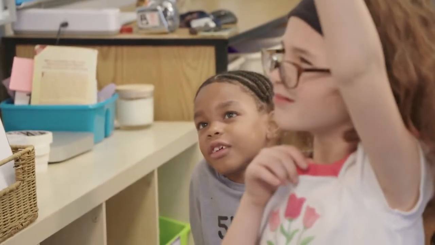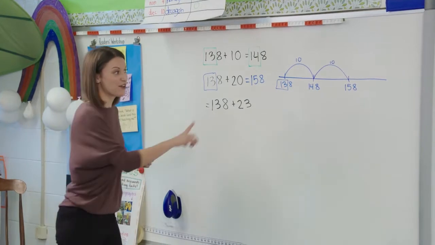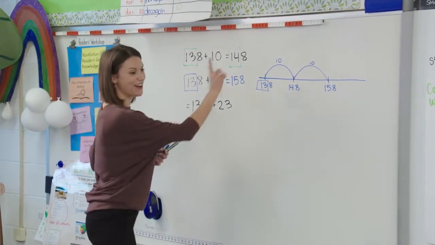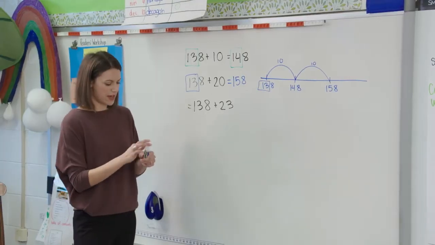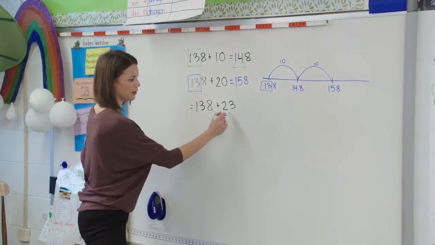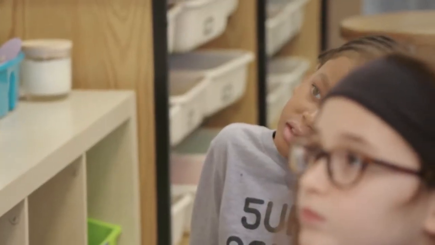And I heard you counting by tens. So I heard you go 138, 148, 158. And then what did you do to get up? You added 3 more. 3 more, so you broke this into 2 tens. And then you added 3 more.